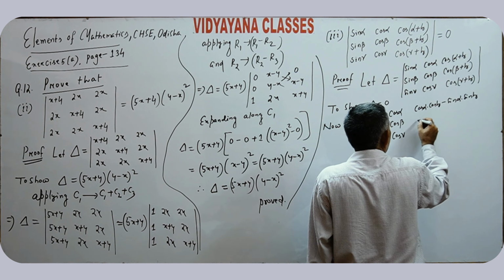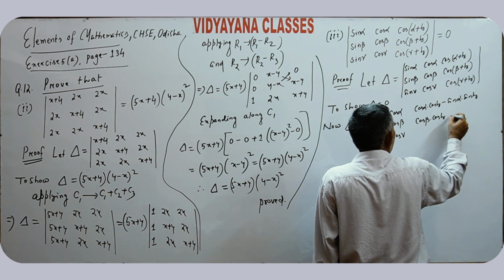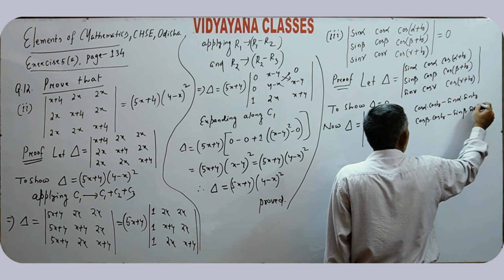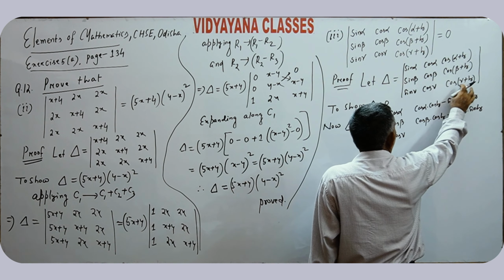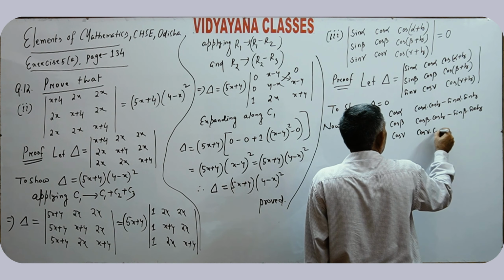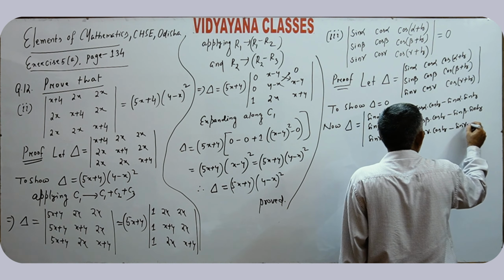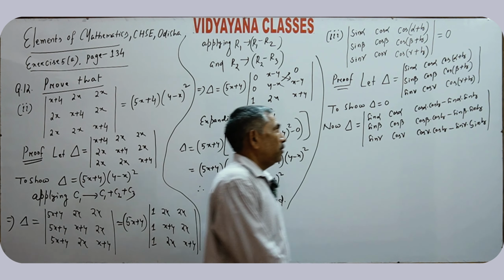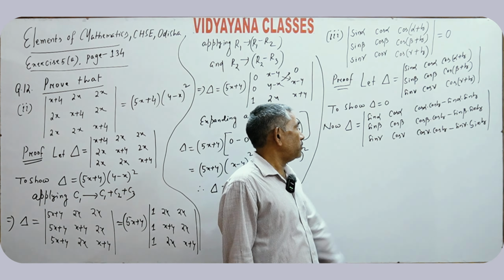Cos beta plus delta, cos beta into cos delta minus sin beta into sin delta. Cos gamma plus delta, cos gamma into cos delta minus sin gamma into sin delta. Clear? To show del is equal to 0.